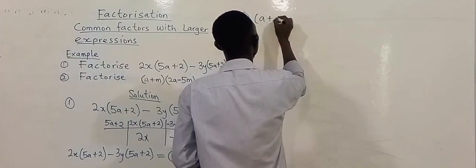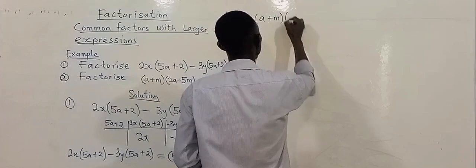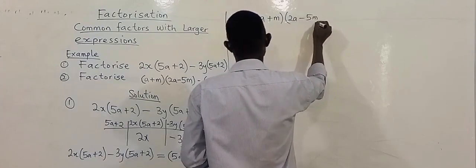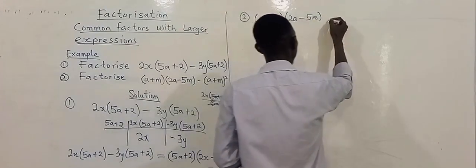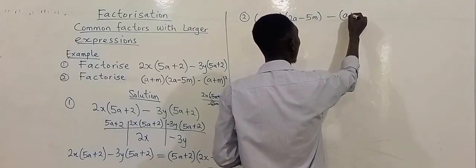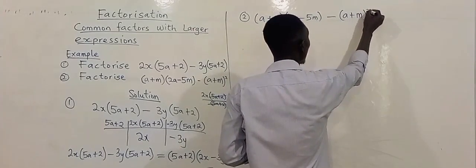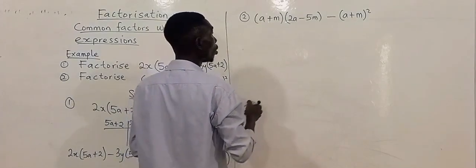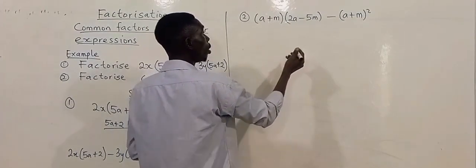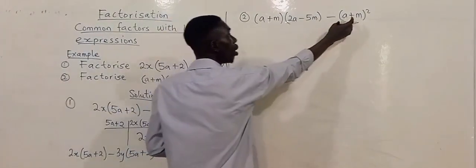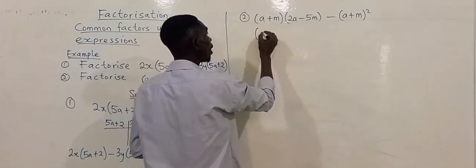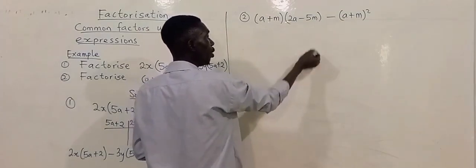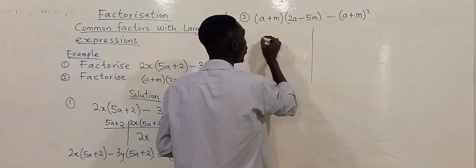We have example 2: a plus m into 2a minus 5m, minus a plus m all squared. To solve this, we get the HCF of the terms involved.